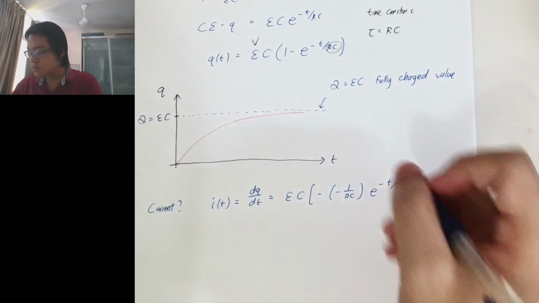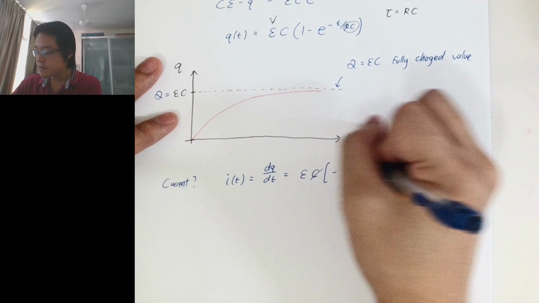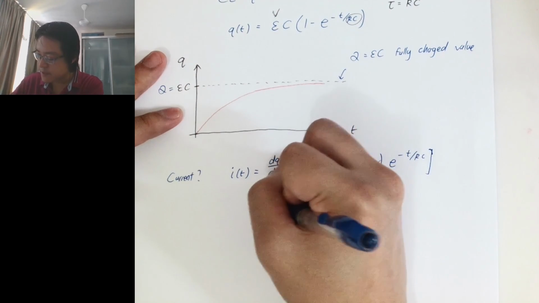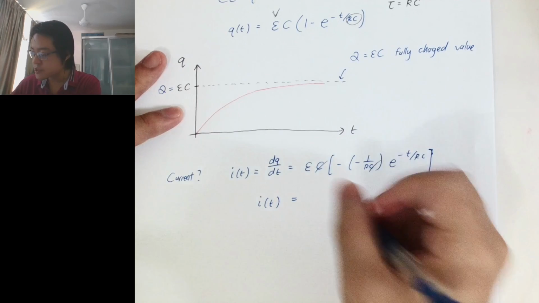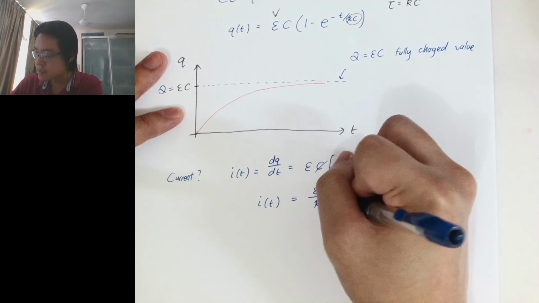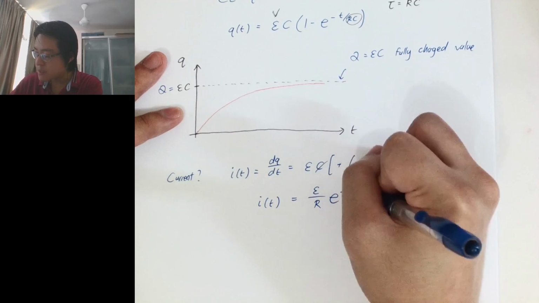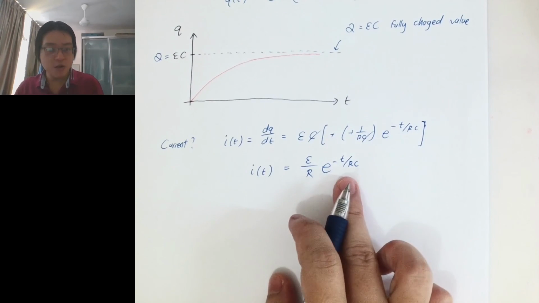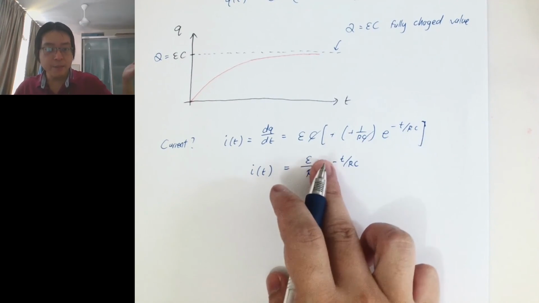So these two terms will cancel, and my current function is just EMF over the resistance, e to the power of minus t over RC. So at time 0, the current is EMF over R.